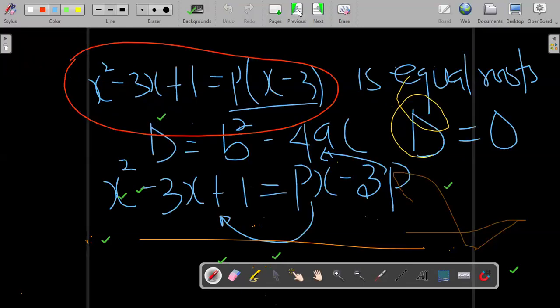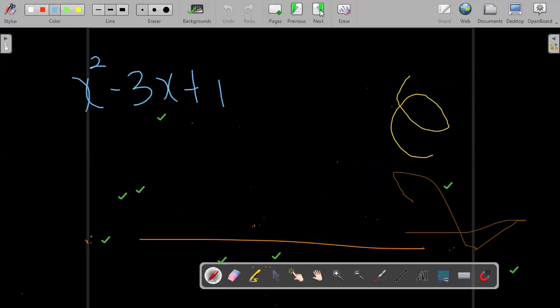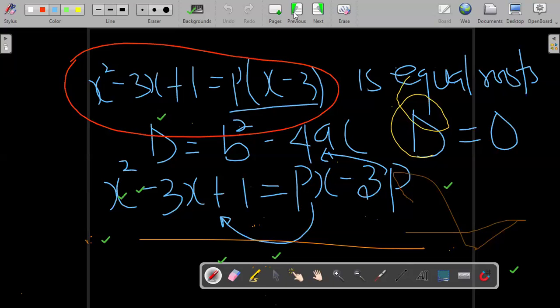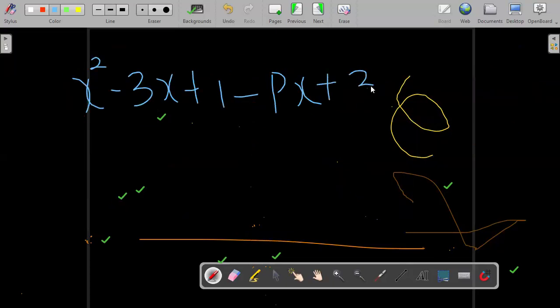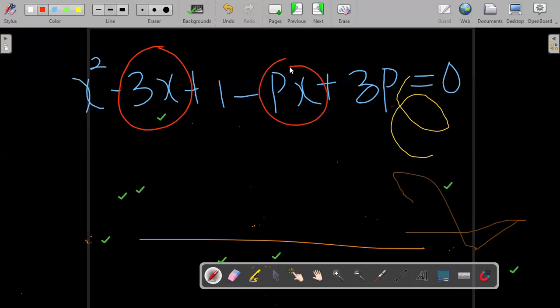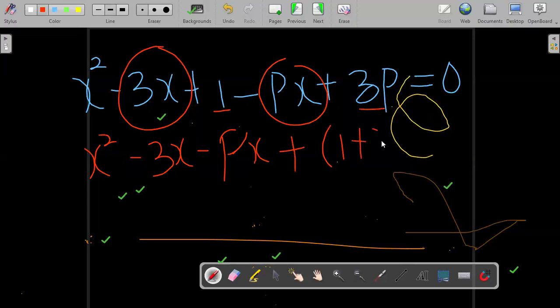Then if I'm bringing in px, it becomes minus px. If I'm bringing in minus 3p, it becomes plus 3p. Nothing left here, 0. So I can group these two together because both of them have x. So I'm going to have x squared minus 3x minus px. Then these two I'll group because they have no x: 1 plus 3p equals 0.